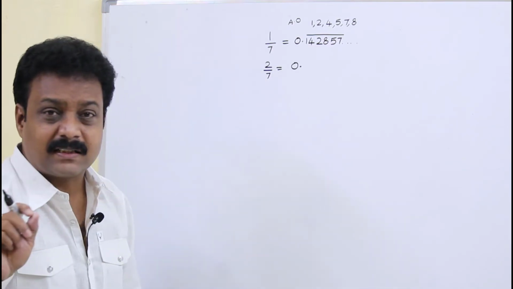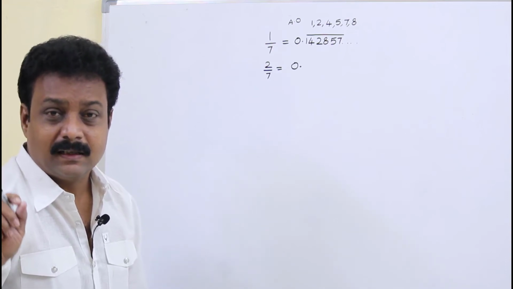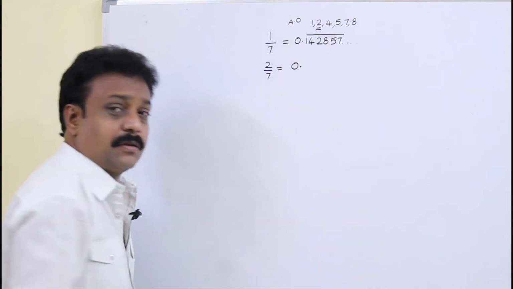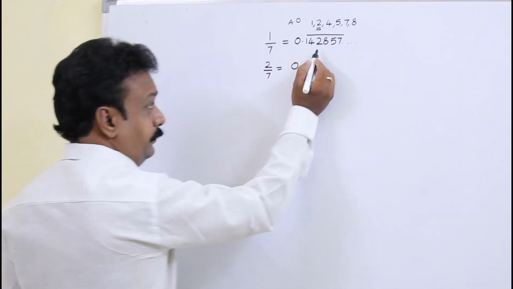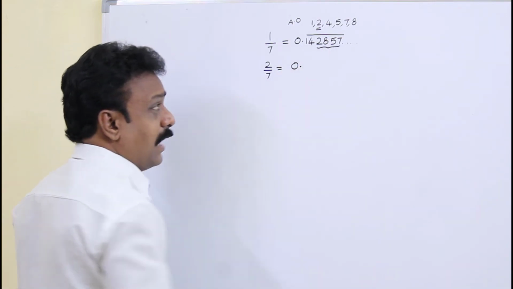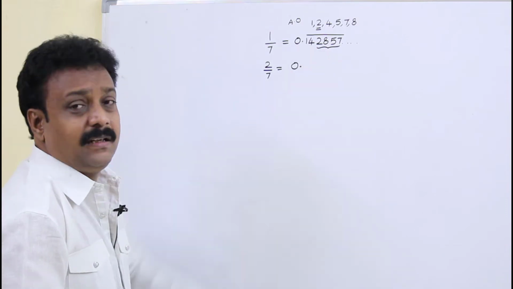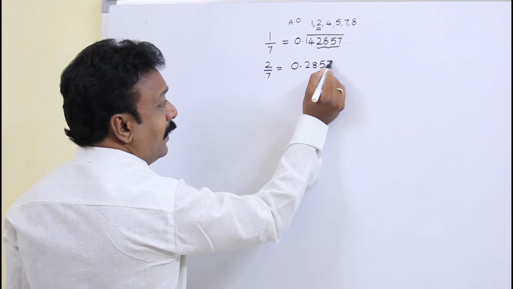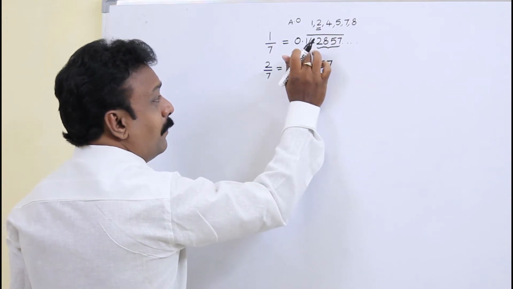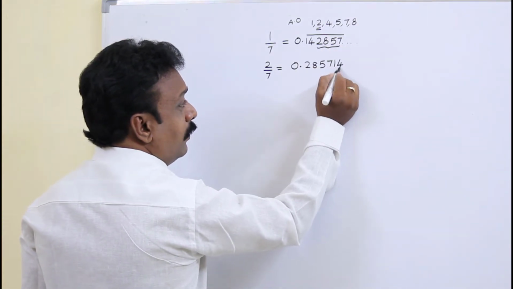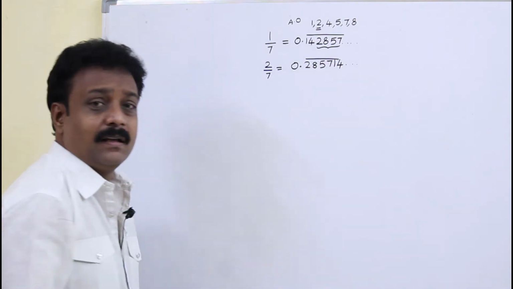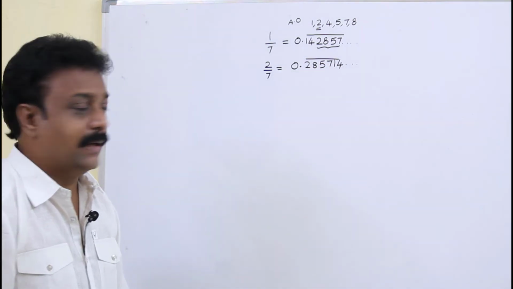So, we start with 2, 8, 5, 7, then come to the beginning, 1, 4. So, this is also a non-terminating repeating decimal.